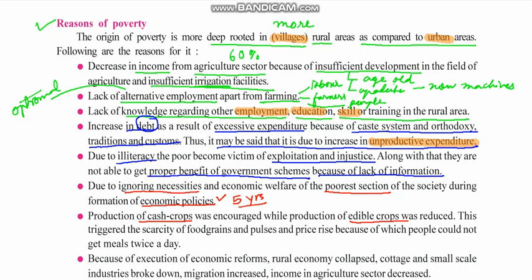Due to it there was a burden on edible crops, and the prices of these crops started rising. The poor people could not get the benefit of it. This triggered scarcity of food grain and pulses, and price rise, because of which people could not get 2 meals a day.